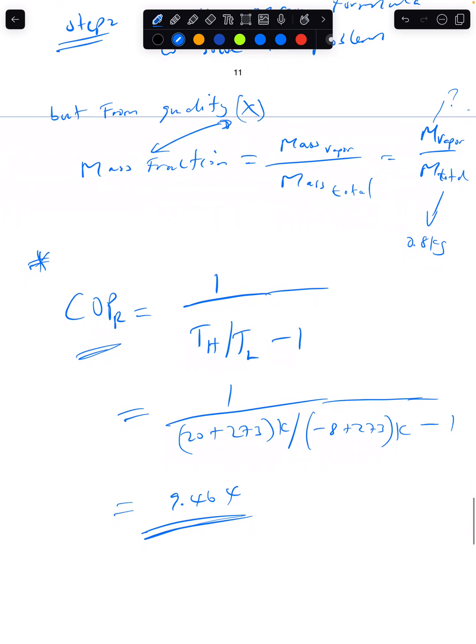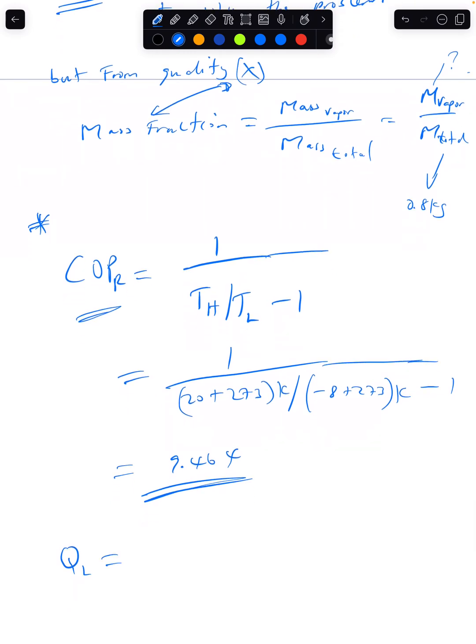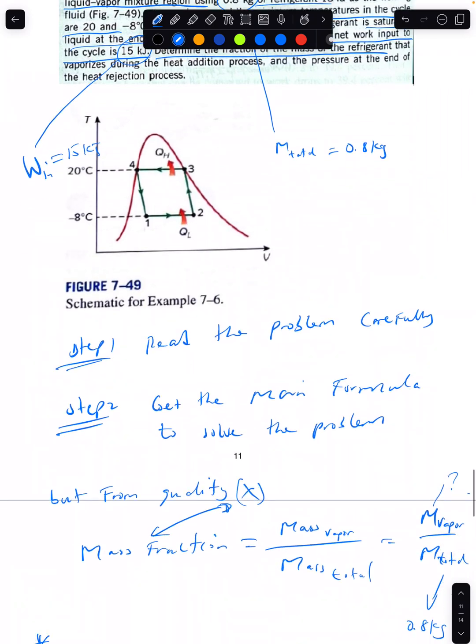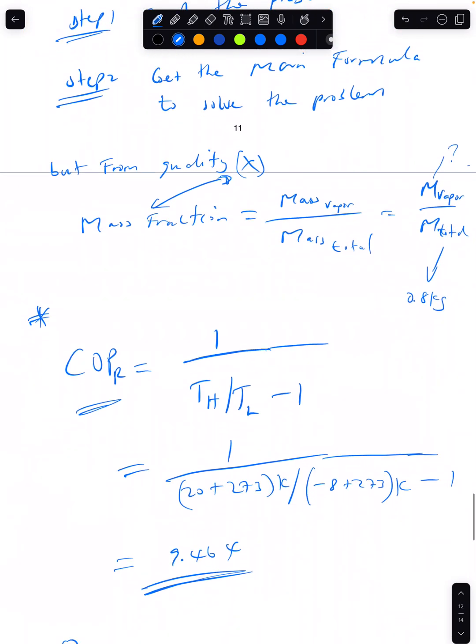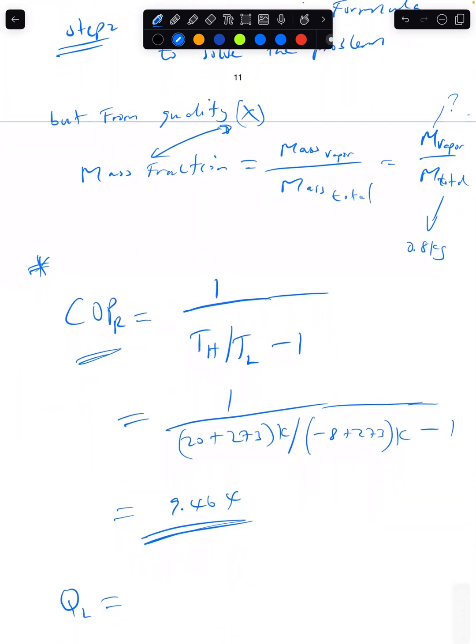Because we have the coefficient of performance, we know the heat for the low temperature line, which is where heat is lost by the system.